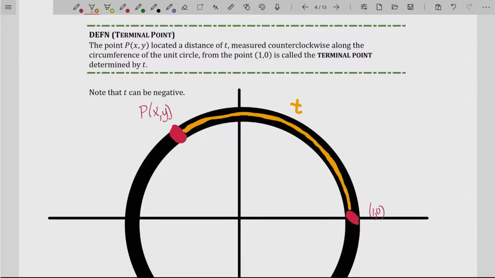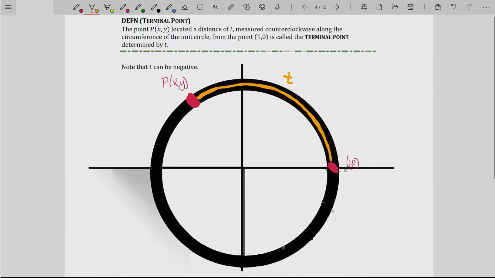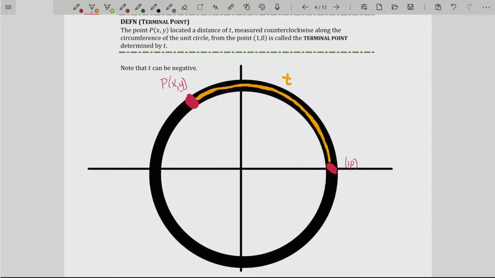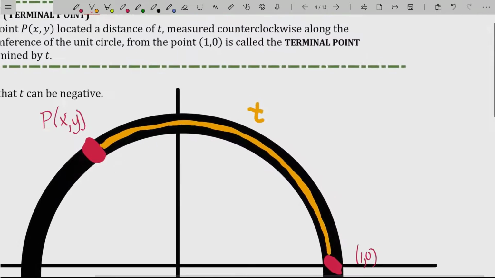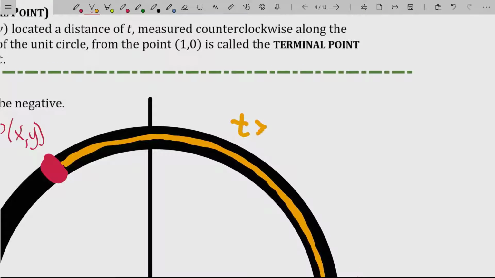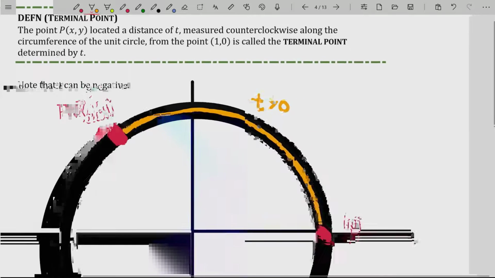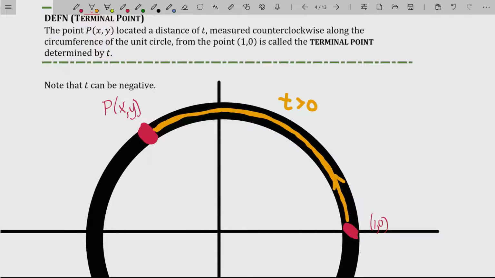It should be noted that t can be negative. The fact that t is positive here comes from the fact that we define counterclockwise motion as being positive. So when you have your arc drawing out this direction, that's called the positive direction.